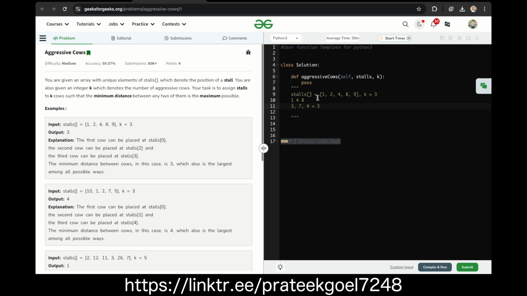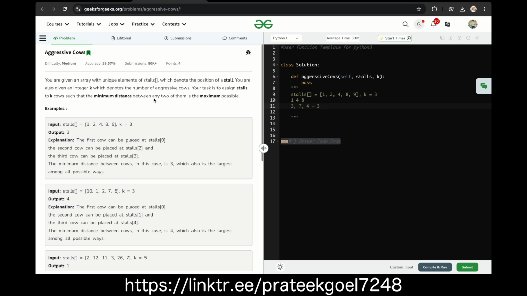So what we have to do is take k cows, place these k cows in the stalls, and then get the minimum difference.